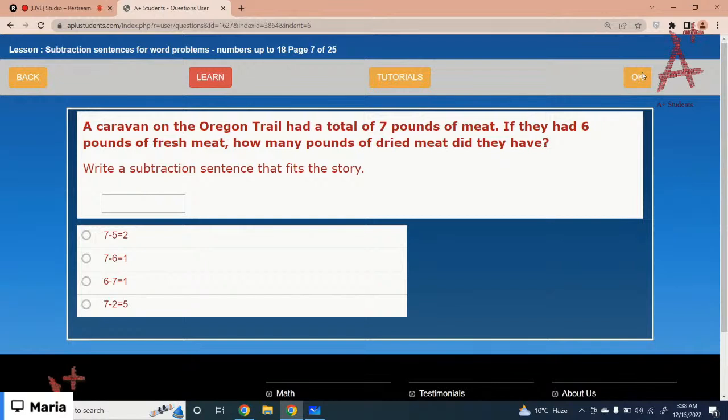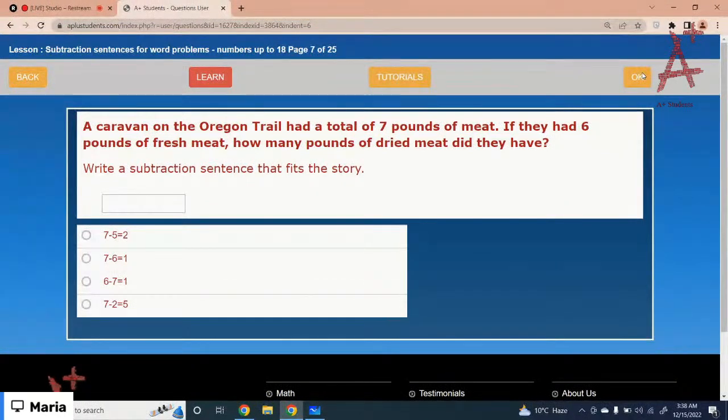A caravan on the Oregon Trail had a total of 7 pounds of meat. If they had 6 pounds of fresh meat, how many pounds of dry meat did they have? So which is the correct option? You always write the greater number first.